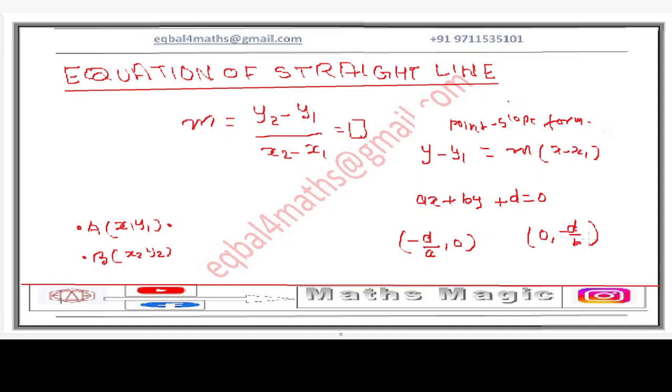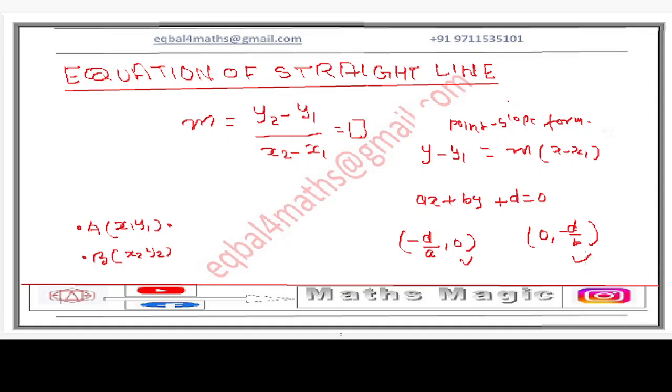It's very simple. If the general form is given, you can quickly find the x-intercept and y-intercept using this format. And then to find the equation of a straight line, I already told you different methods which you can use, and it's very easy.